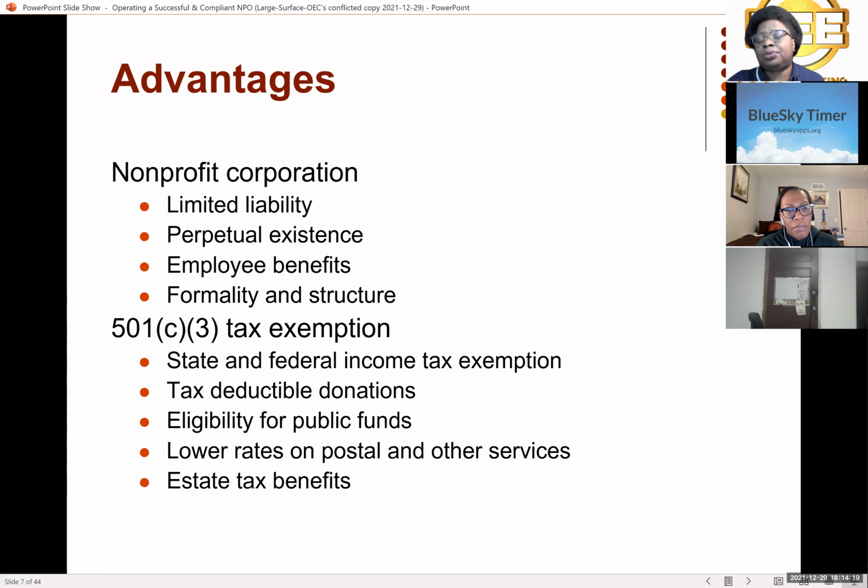Most corporations will not donate to a nonprofit unless they have the 501(c)(3) tax exemption, and the same goes for most foundations. You're eligible for lower rates on postal and other services, and you can get estate tax benefits. That means somebody signing insurance over to you, or their estate tax, anything like that.